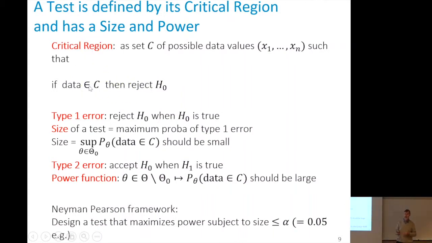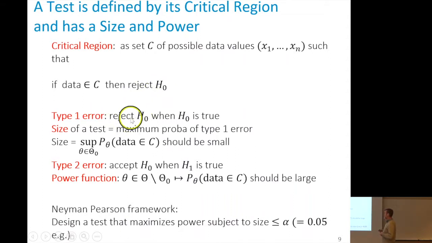When there's a classifier, there are always two types of errors. In machine learning, they lead to the metrics called recall and precision. Here we have exactly the same thing. They are called type 1 and type 2 errors. We don't know whether H0 is true or whether H1 is true. If H0 is true and the data is in the critical region, then we make an error.